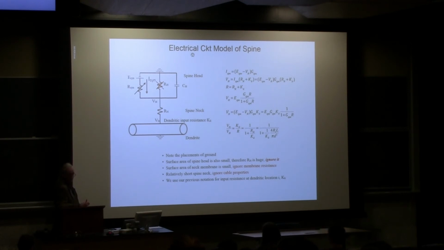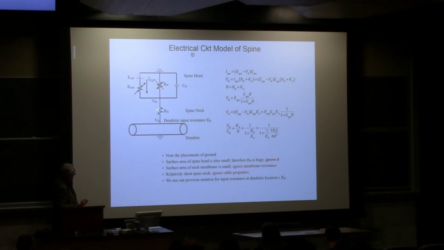So the first unusual thing when you see this kind of circuit diagram is, why is ground sitting here and here? Well, that is because we take as ground the extracellular space. So ground is representing the extracellular environment outside of this dendrite.